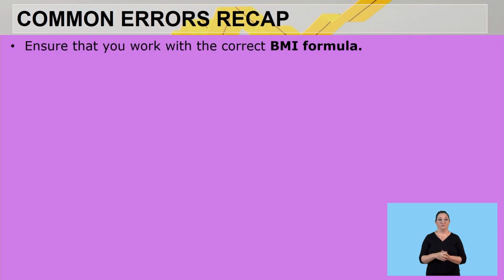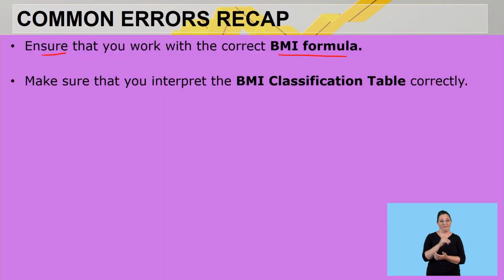Now let's look at some common errors, or things that I would like you to avoid or to remember. I indicated here that you ensure that you work with the correct BMI formula. It's quite simple to mix things up, but make sure you work with the correct BMI formula. Then also make sure that you interpret the BMI classification table correctly.